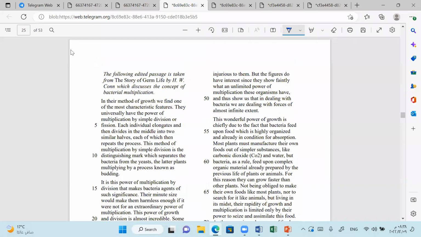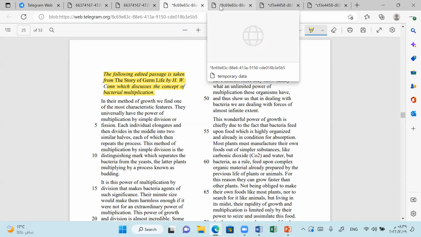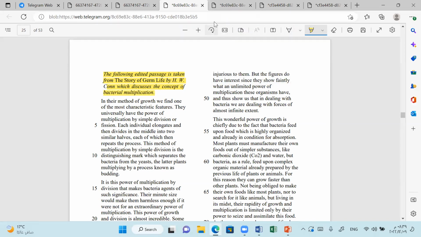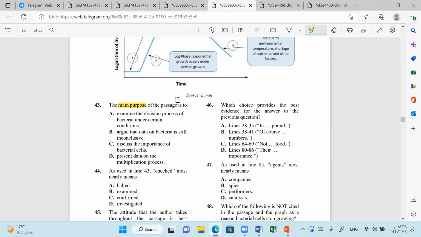Let me get to 25 to see the blurb. The blurb says, the following edited passage is taken from The Story of Germ Life by H.W. Conn, which discusses the concept of bacterial multiplication. When you are given a question about the main purpose, not the main idea, you might not have the exact words in the blurb, but around them, okay?